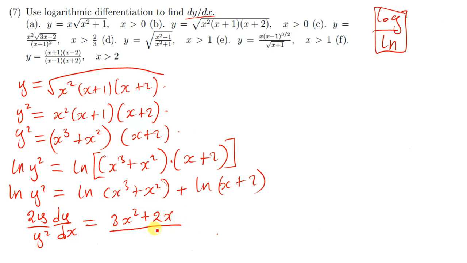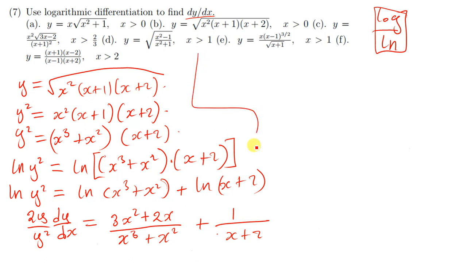Then divide by the original function, which is x to the power 3 plus x squared. Then plus, we also differentiate the function there, which will just give us 1, and then everything divided by the original function, which is x plus 2.